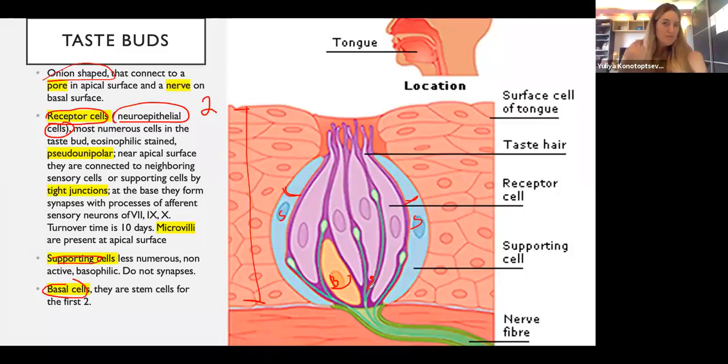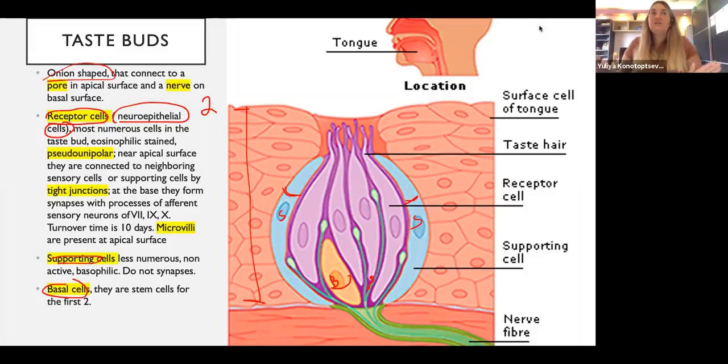So if I have to simplify it for you, neuroepithelial cell type 2 does not propagate action potential. It simply initiates it. It starts it, but it doesn't propagate it. Do you understand the meaning of the word propagate, right? It doesn't continue the action potential.